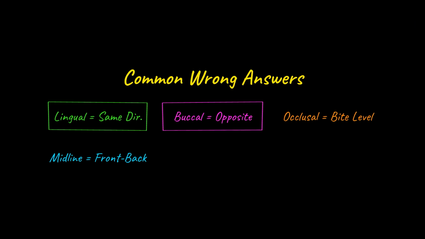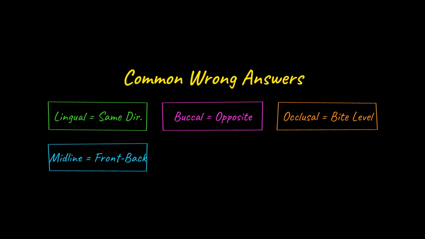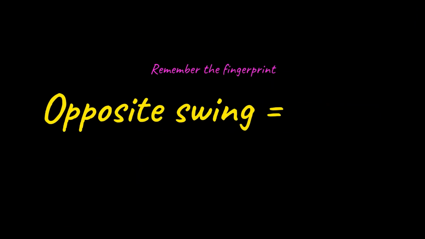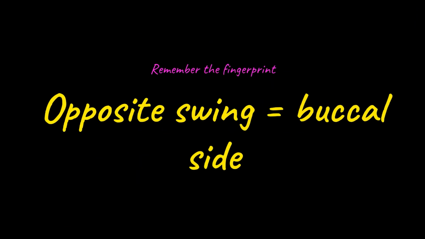The occlusal plane describes a biting level, and the midline describes a front to back center. Neither has anything to do with the cheek or tongue axis the rule resolves. Whenever a stem describes an object moving opposite to the tube shift, the answer is buccal. Tying that opposite swing specifically to the cheek side is what completes the localization decision.